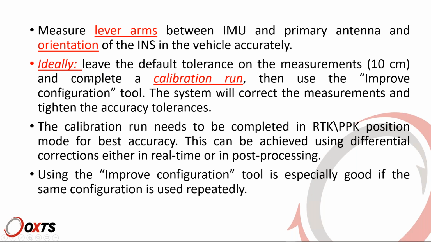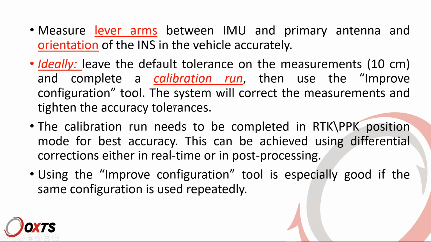Do your best to do that, and then when you configure our devices, you can set a tolerance on those measurements, meaning how confident you are that your measurement is correct. So ideally, you would leave that loose to start with. Do not overestimate how correct your solution can be.